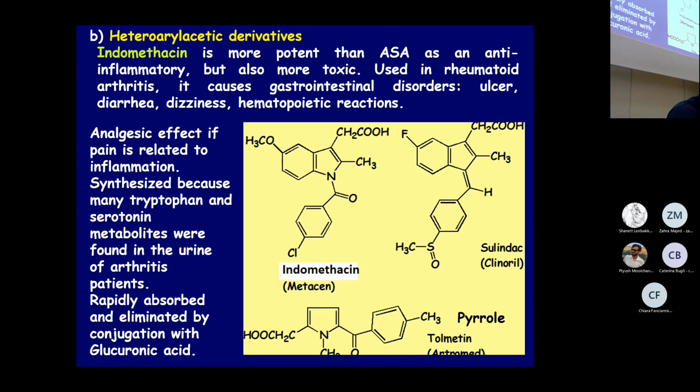The scientists found that the cis compound is the most effective, most potent, and so they synthesized sulindac. Sulindac is an analog of indomethacin, but the amidic group is replaced by a double bond, an alkene group, and sulindac is the cis isomer.